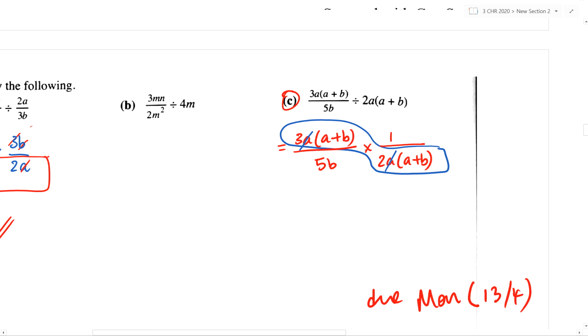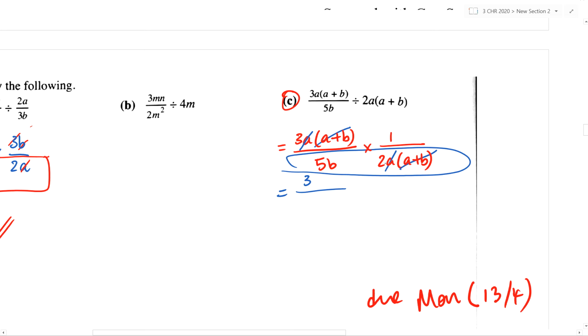Now both of these can be cancelled together. So in summary, whatever is on our numerator is 3 times 1, which is 3. In the denominator, we've got 5b times 2, which is 10b. And this is our answer.